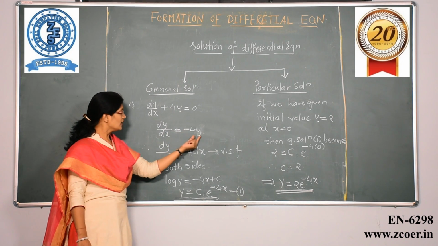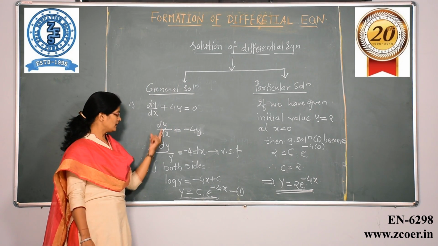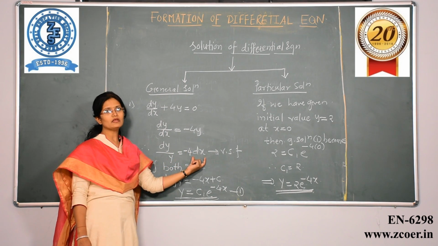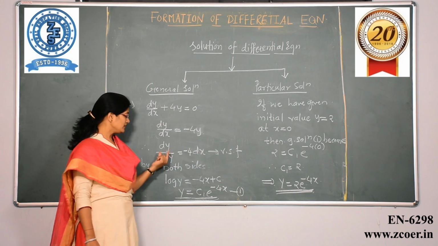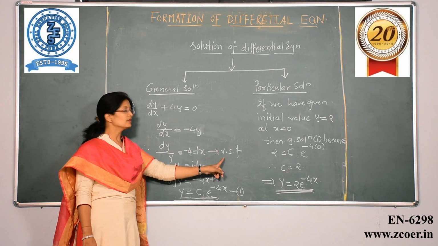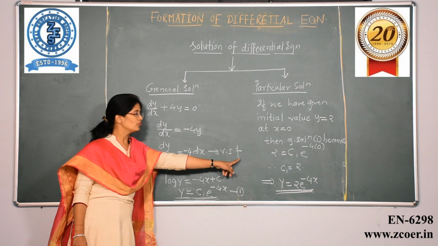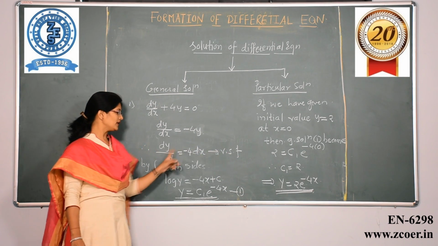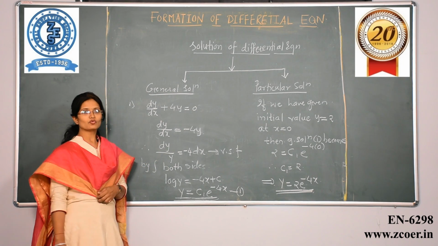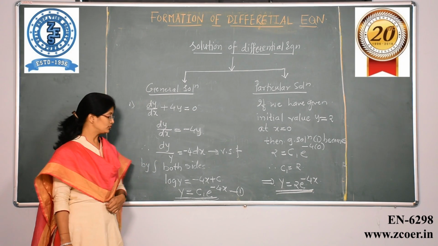We combine the terms of y together on one side and the terms of x on the other side. When we can write it in this format, we call it the variable separable form. Once we obtain such a variable separable form, we can get its solution by integrating on both sides.